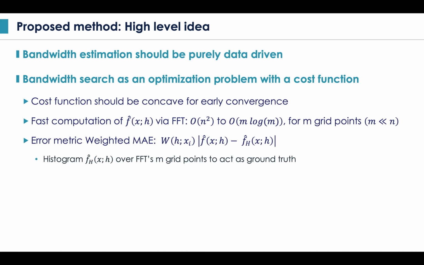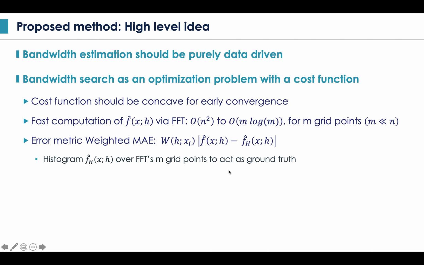Then we are using a weighted MAE, or the mean absolute error, where we have a weight function and the error which is computed from the estimated density with reference to the density from the histogram. So f hat h is basically the density of a histogram evaluated at the same m grid points where the FFT was computed.